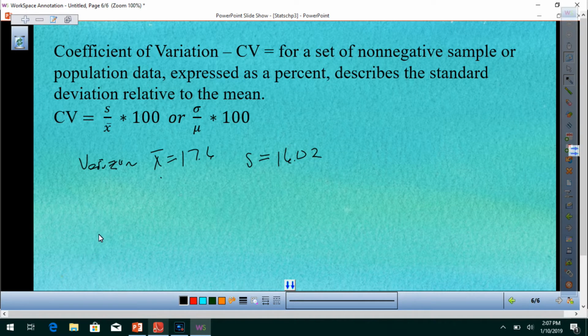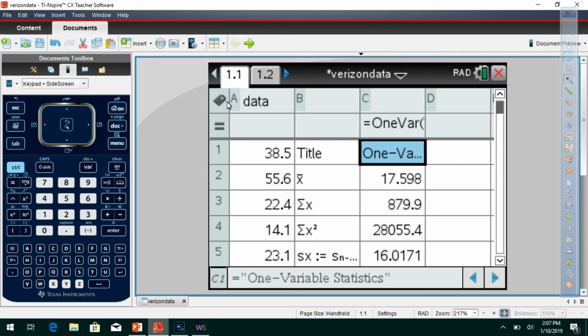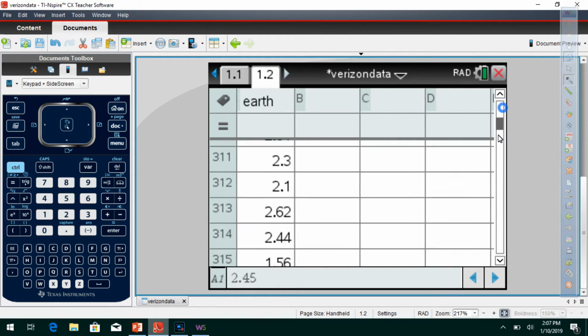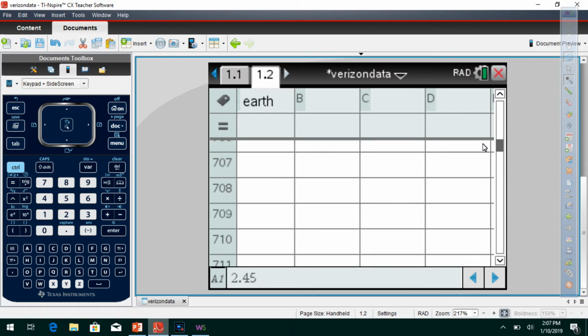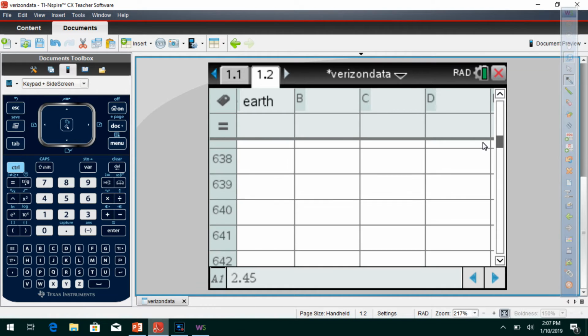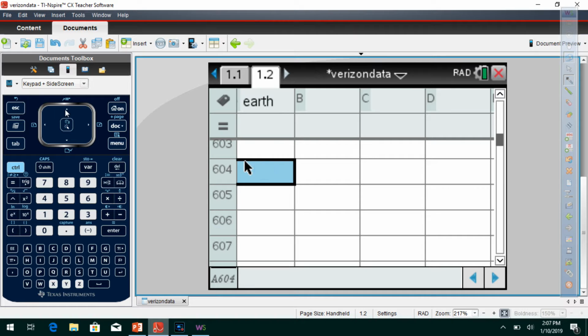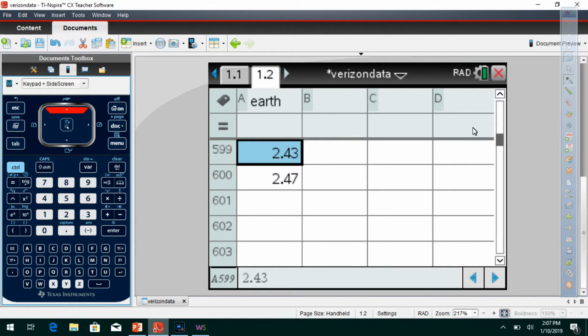And then we're going to compare earthquakes to Verizon's data speed. Now, this one here, I got 600 numbers in there.